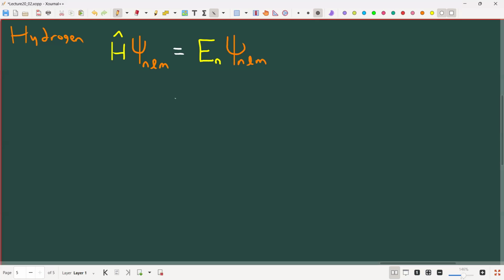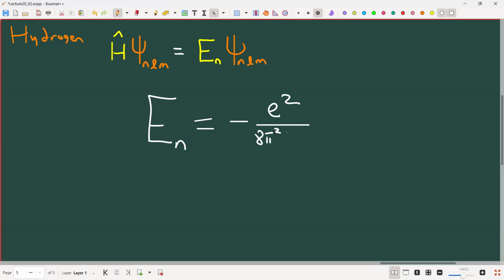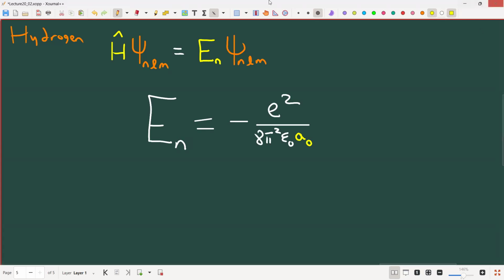Once you do this math, you find out that E sub n, the energy, only depends on n. It does not depend on l. We'll have to think about that for a second. E sub n is equal to minus e squared over 8 pi squared epsilon naught a naught. We talked about a naught last class, right? 0.5 angstroms. Did we do that last class? Yeah, okay, good.